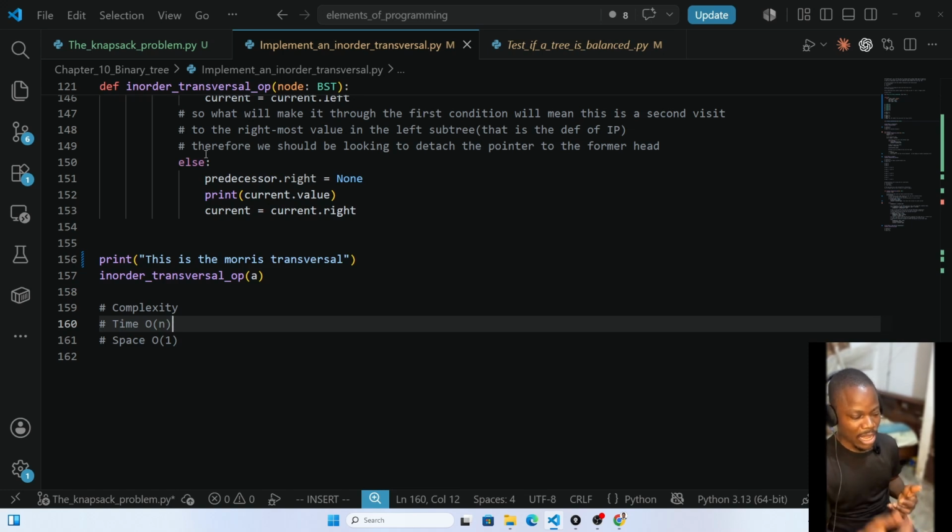Now, this might have the same complexity as Morris, but it doesn't modify the tree, because Morris actually modifies the tree by pointing the right tree up to the current and then pointing it back to the none. So basically that's a modification in a sense, right? So that's what we are now trying to see, how we also mitigate that.